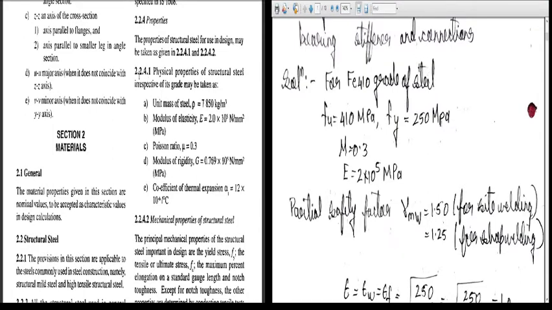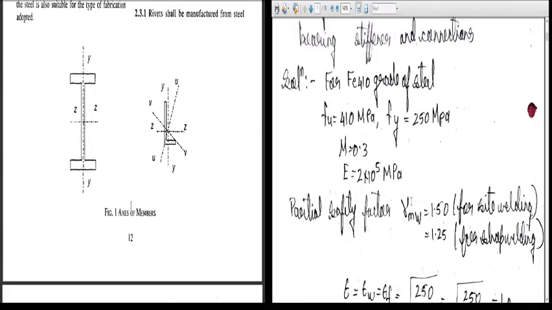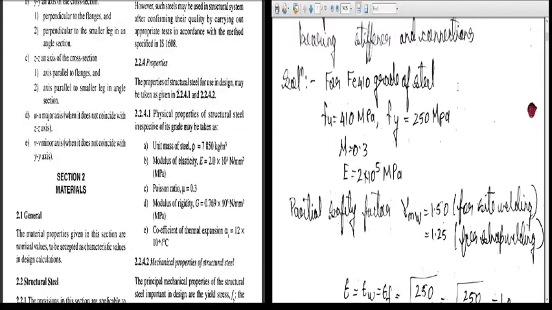Clause number 2.2.4.1 on page number 12 of IS 800 2007 gives the physical properties of structural steel irrespective of its grade. Density of steel is 7850 kg per meter cube. Modulus of elasticity is equal to 2 into 10 raised to 5 Newton per mm square. Poisson's ratio mu is equal to 0.3.